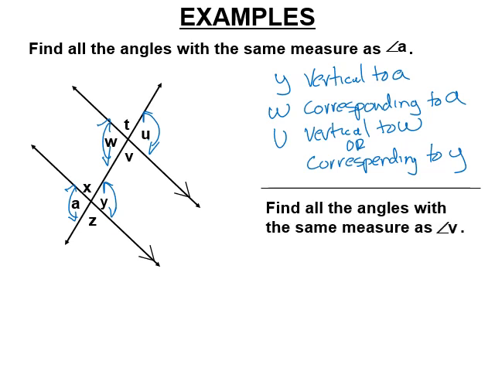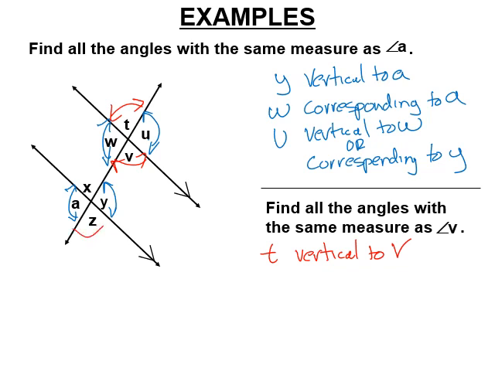Find all the angles with the same measure as angle V, right? So angle V is right there. And now give a reason each time. Well, T, because it's vertical to V, and vertical angles are always congruent.